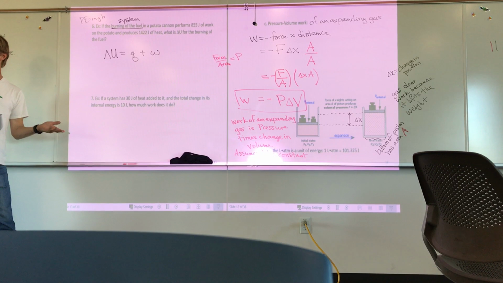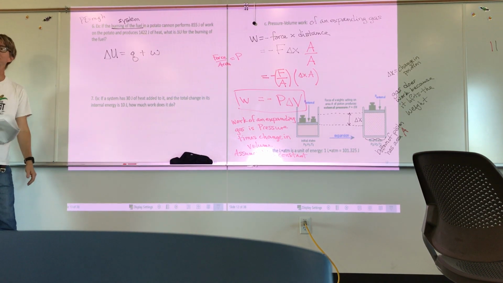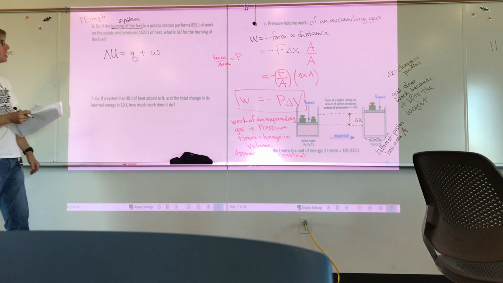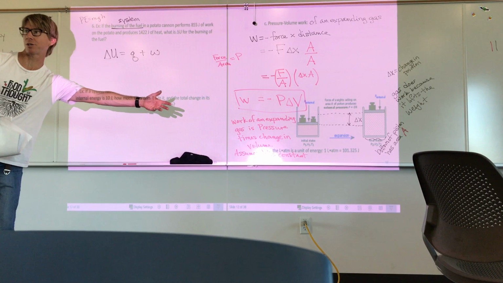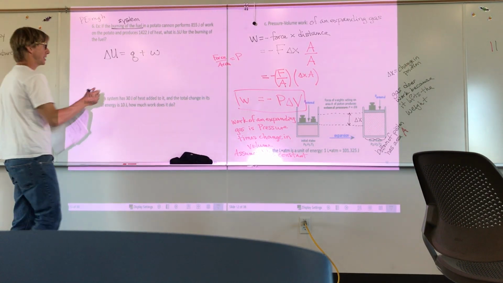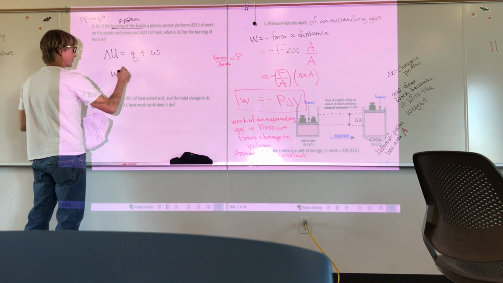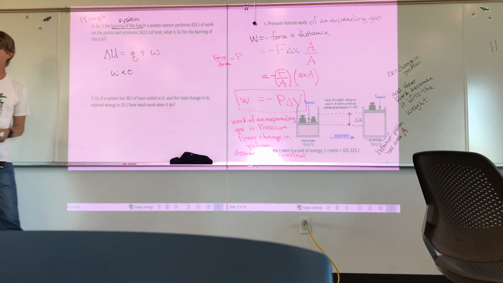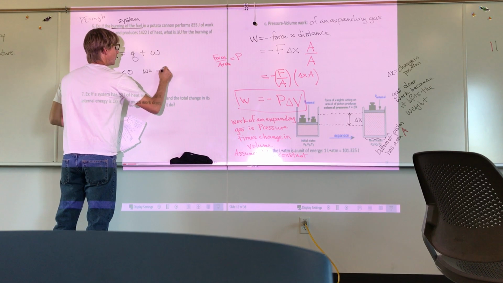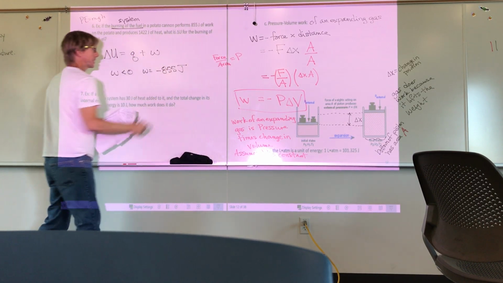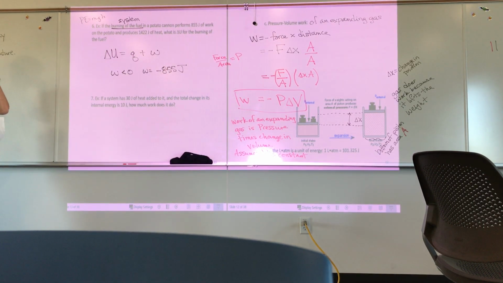It is. So it is a reaction and the system is a reaction. It performs 855 joules of work on the potato, so the burning is doing work on something. That means that work is less than 0 and work is negative 855 joules.